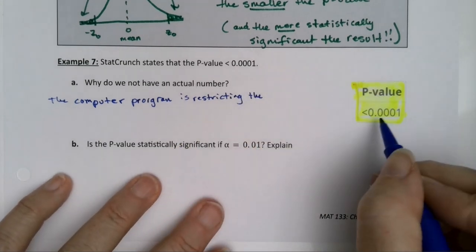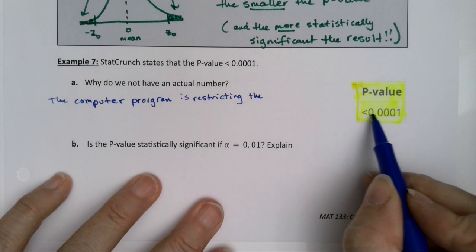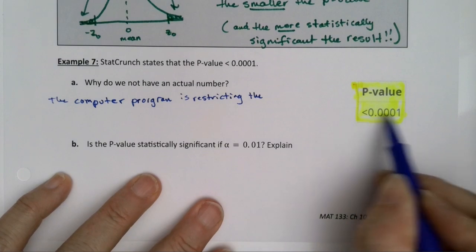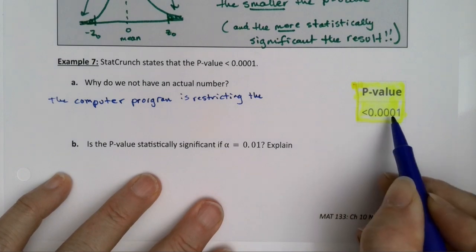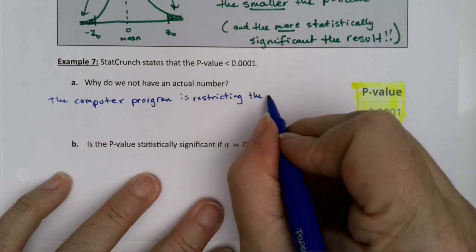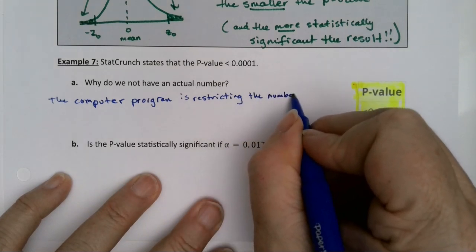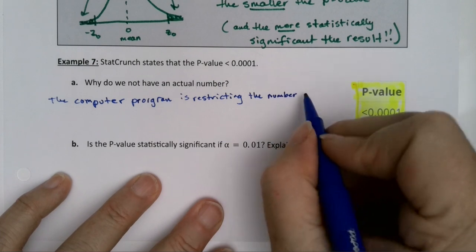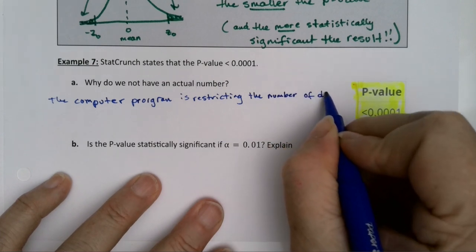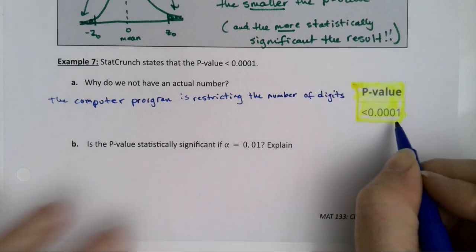Essentially, it's going to allow 1, 2, 3, 4, 5, 6 characters, and that's it. It technically is the number of characters, but that's fine.